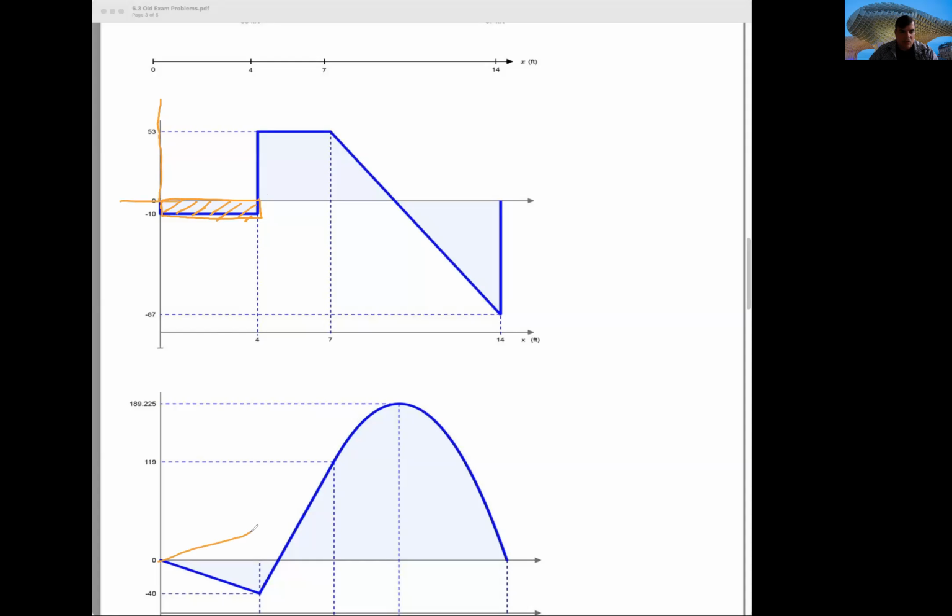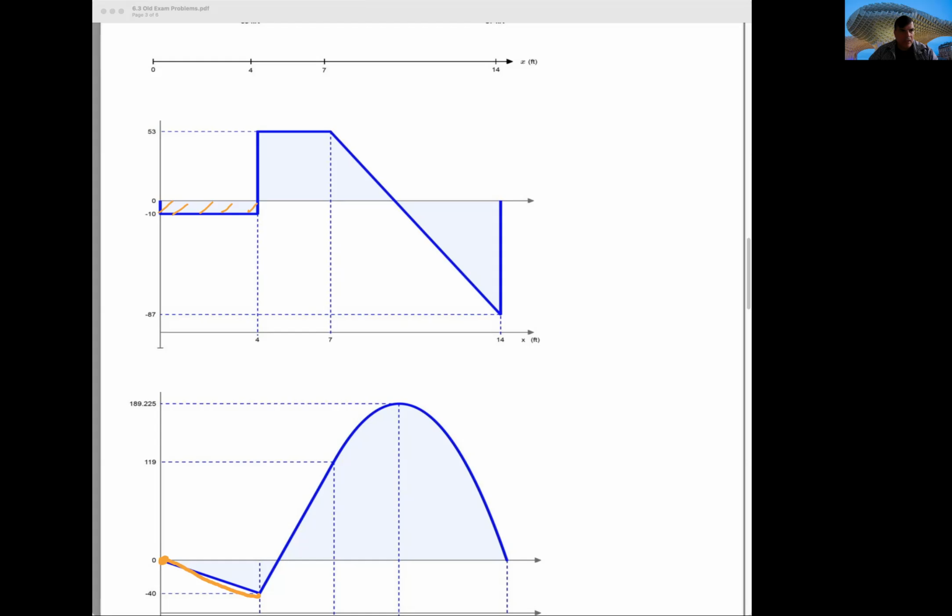Well, instead of going up like we did before, we need to go down. And this will be the representation of this area, in yellow color, and we will start at 0 and go down 40. Why? Because this area is 10 multiplied by 4.